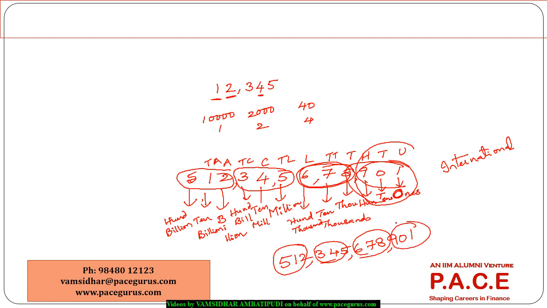So that is the way we generally read the international system. So the commas are put at the end of every 3 digits starting from the extreme right. So you have to be comfortable both with the Indian system of representation as well as the international system of representation.